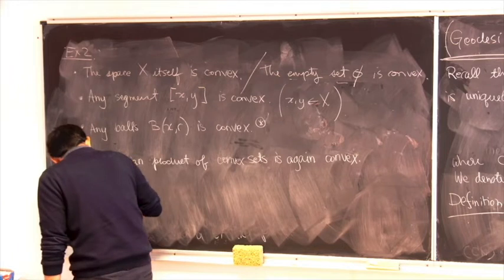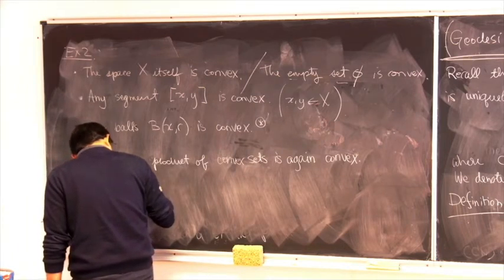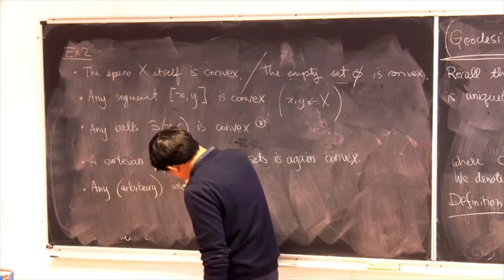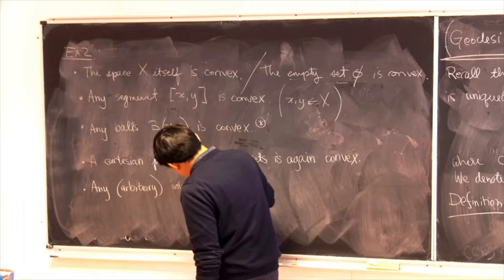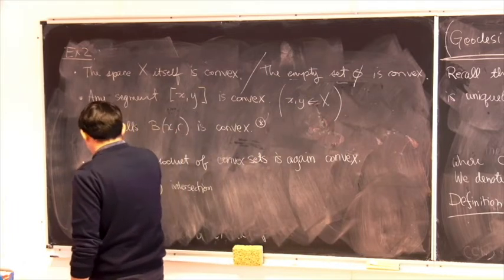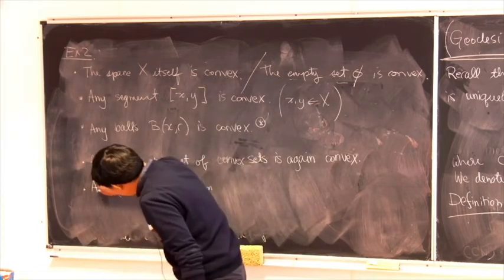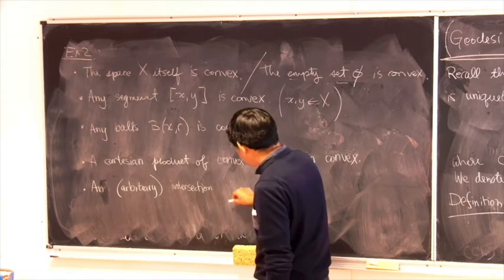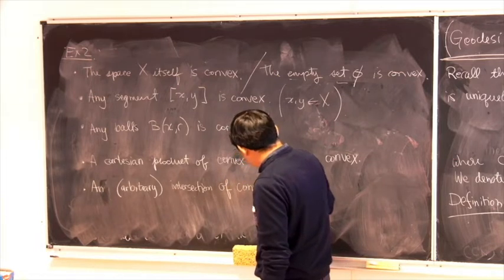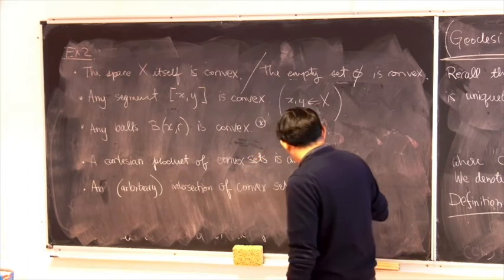Any arbitrary intersection of convex sets is again convex.